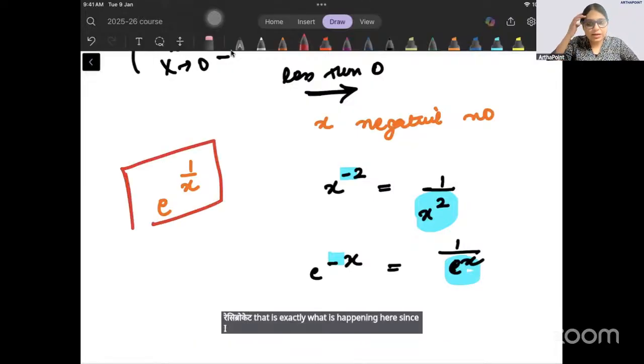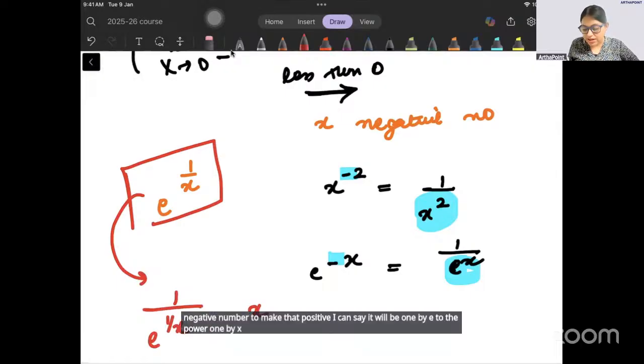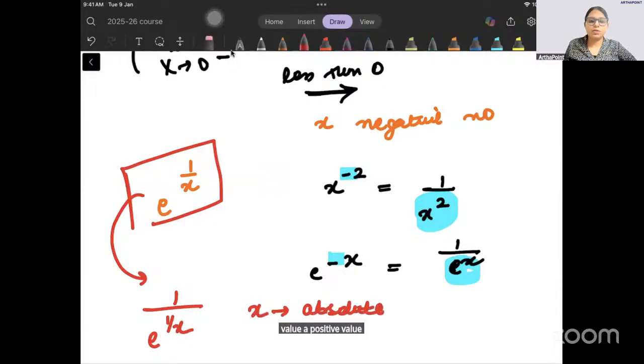Since I am taking a number close enough to 0 but less than 0, meaning I am taking a negative number, to make that positive, I can say it will be 1 by e to the power 1 by x. Now you can take x as its absolute value, a positive value. See, minus 2 became 2.